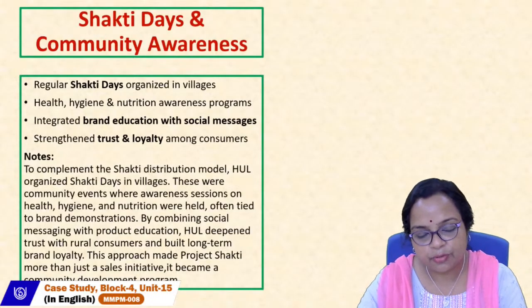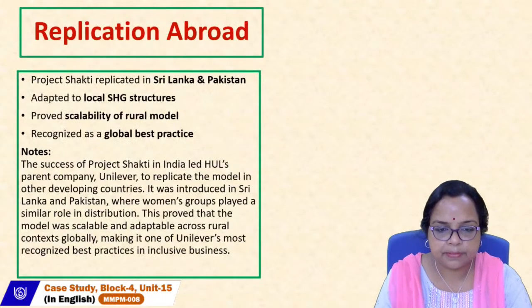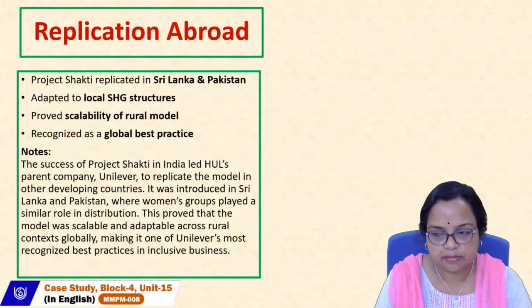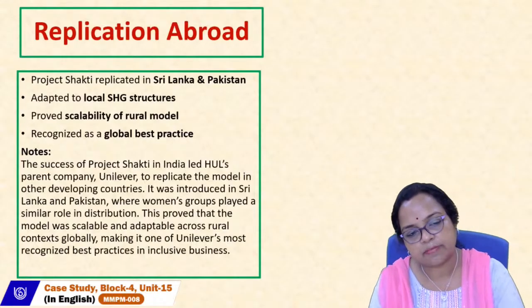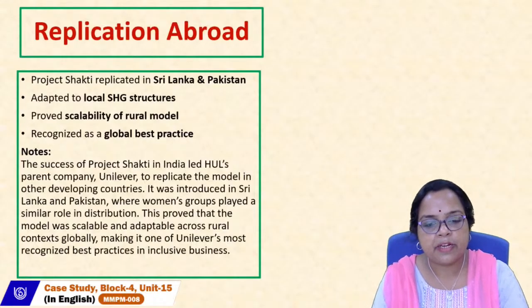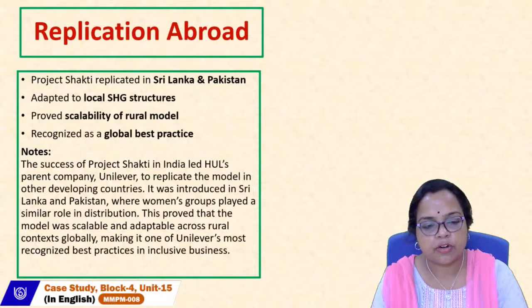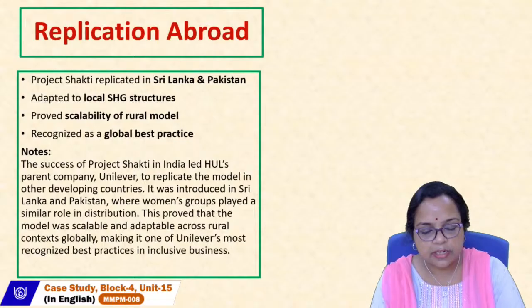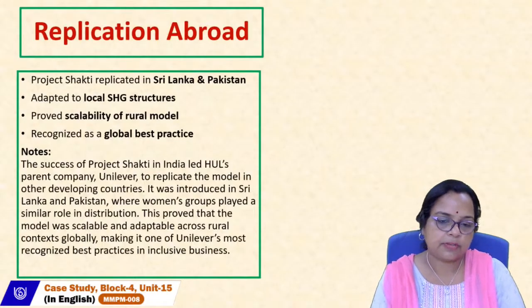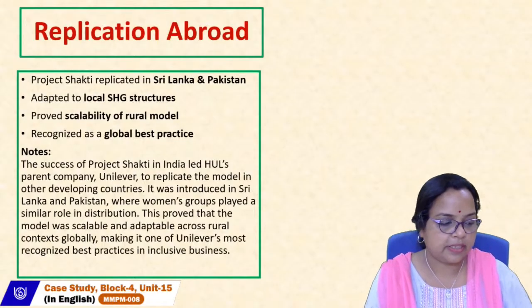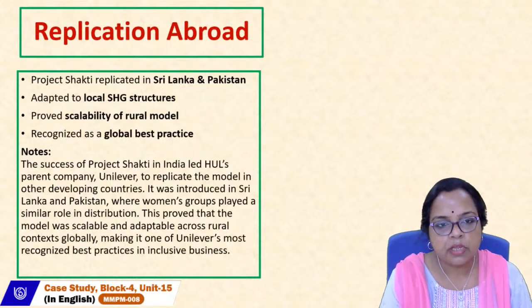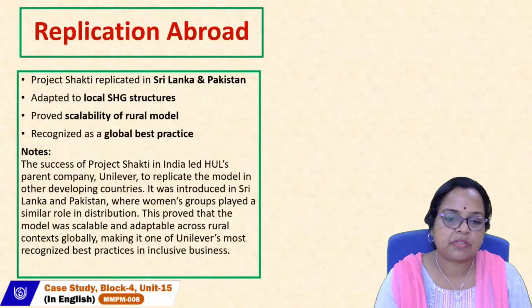And being scalable and adaptable across the rural context globally, not exactly for the Indian context, it was accepted globally, making it one of Unilever's most recognized best practices in inclusive business. It was a remarkable success for HUL. They got the success in Indian villages. Now they introduced the same model in Sri Lanka and Pakistan, where they also got the same type of success.